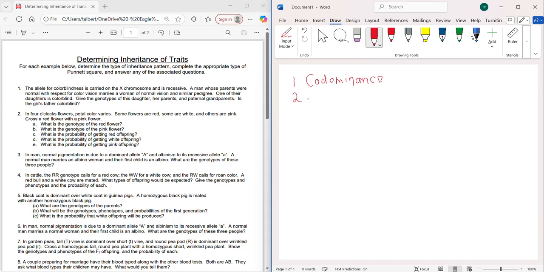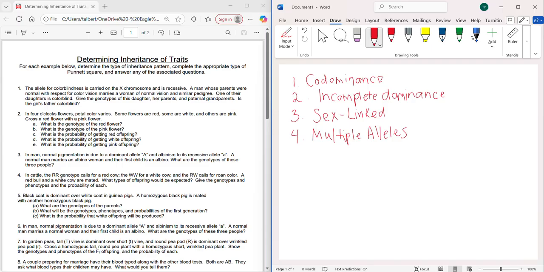The second one we have is called incomplete dominance. We have sex-linked traits. And we have multiple alleles.